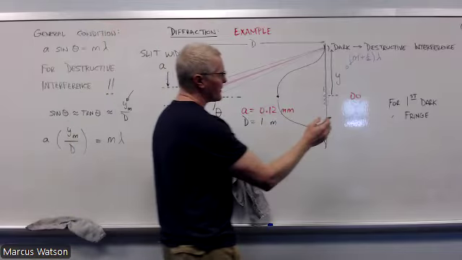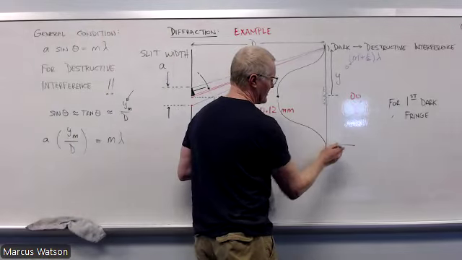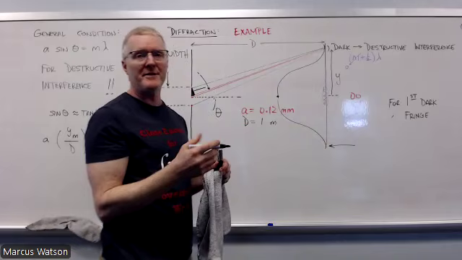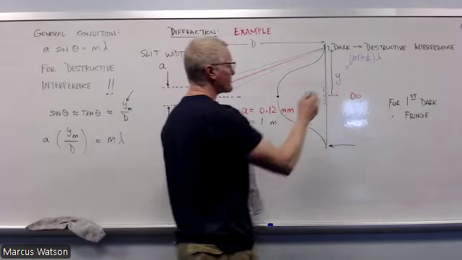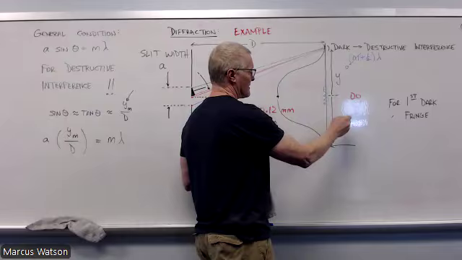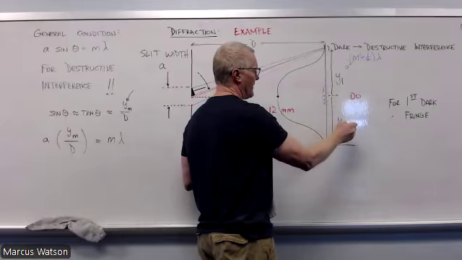All right, dark fringes are occurring here and here. And if we measure the width of the central maximum, I'm going to call this y1.